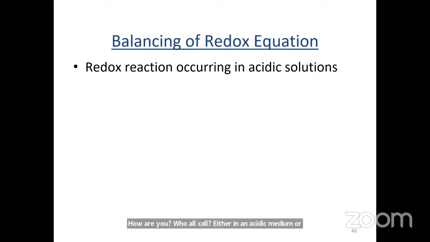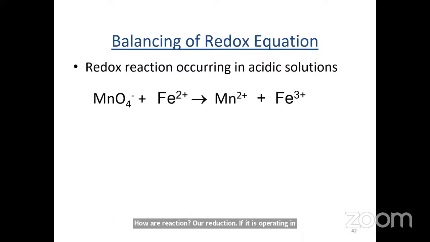The first one we are going to be looking at is the acidic medium. How do we balance our redox reaction if it is occurring in an acidic medium? This is an example. We have MnO4 minus plus Fe2 plus to give us Mn2 plus and Fe3 plus.